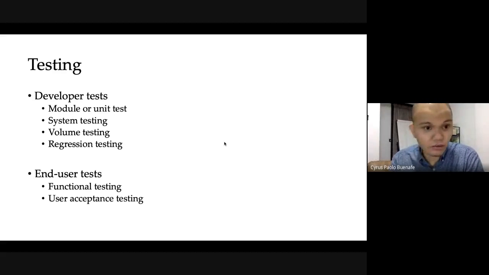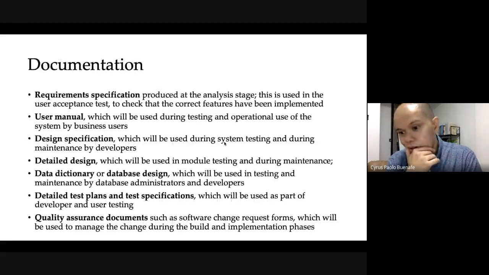Putting tests aside, another important feature on your implementation side is the creation of documents. I'm not going to go through each one in depth. Some of them you've already seen in the previous lectures, like requirement specification, design specification, detailed design, and database design.